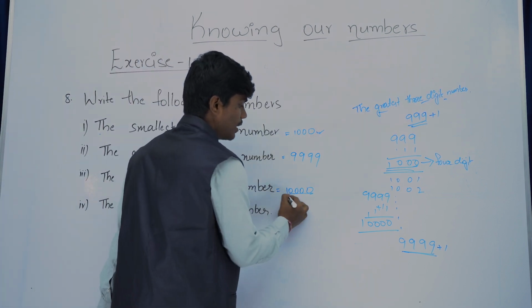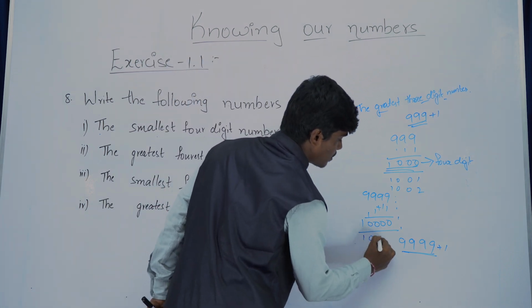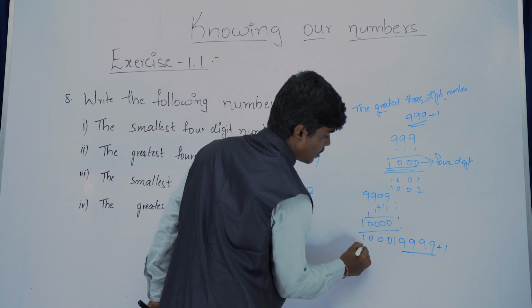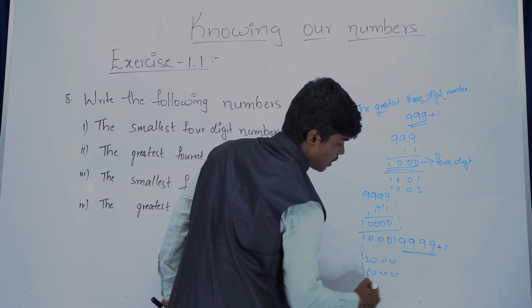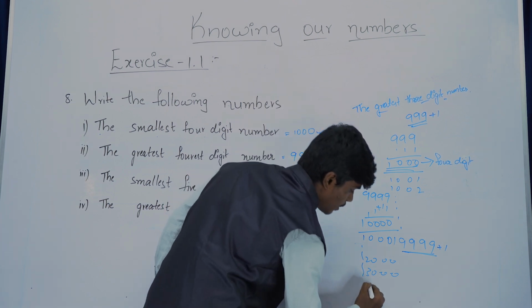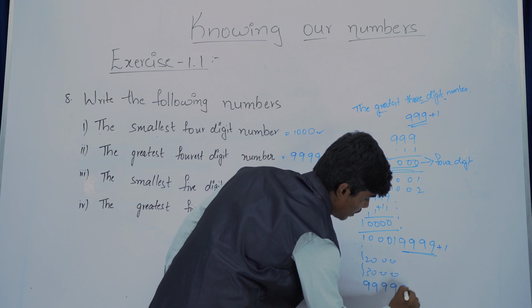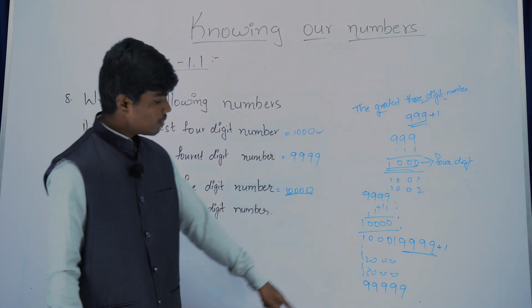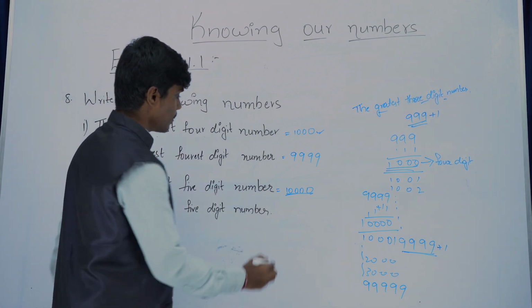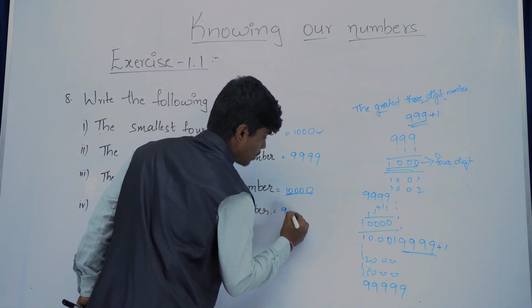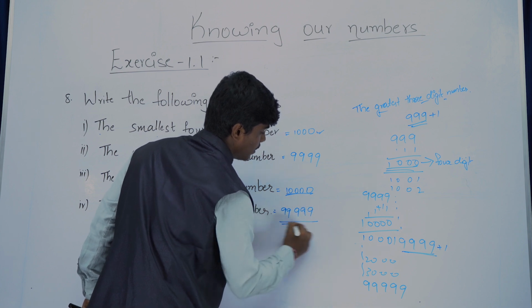We can write 5-digit numbers 10001, and so on, 20,000, 30,000, up to 99,999. So the greatest 5-digit number is 99,999.